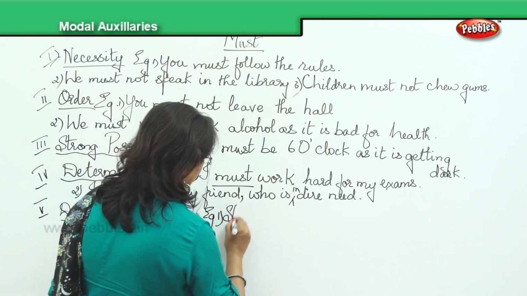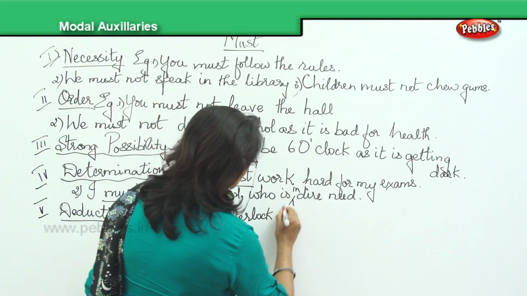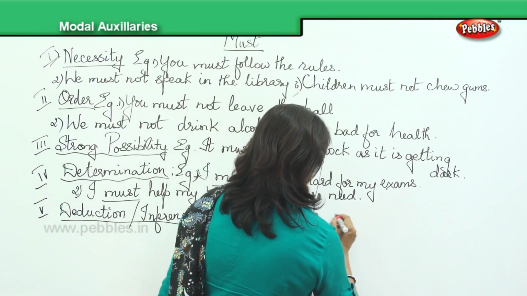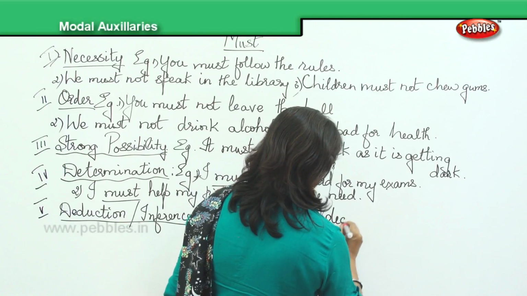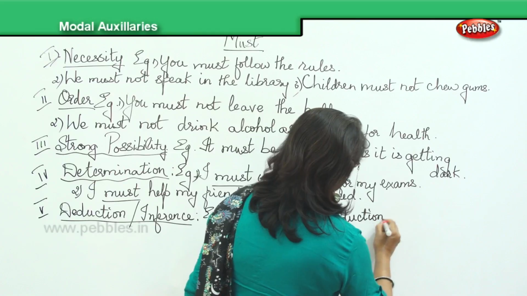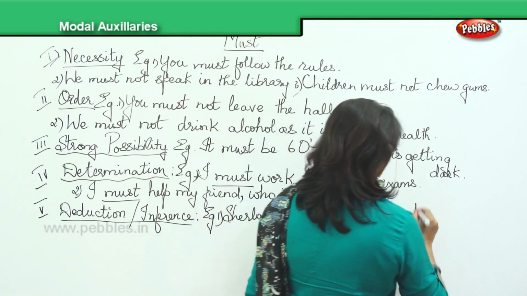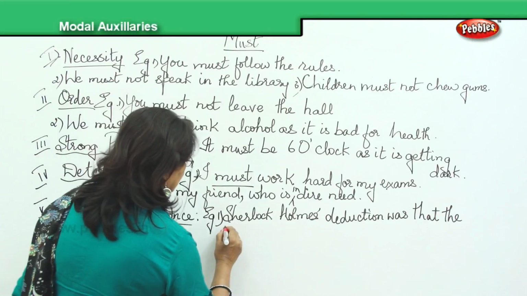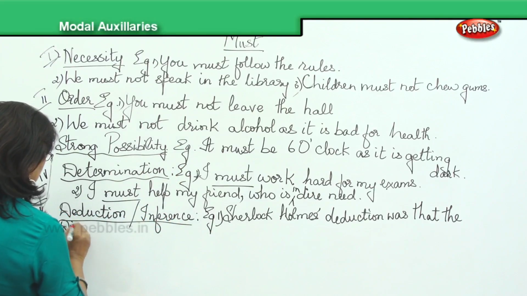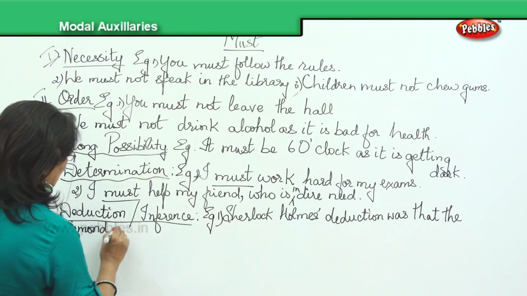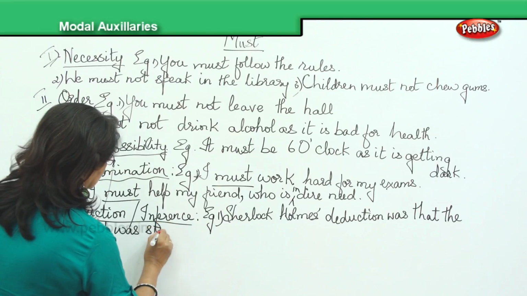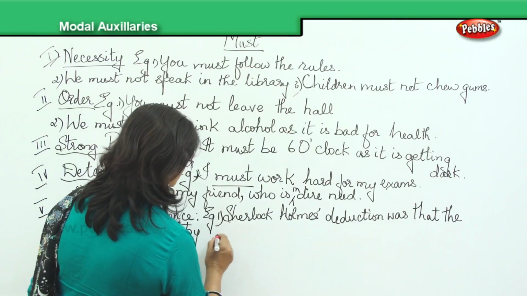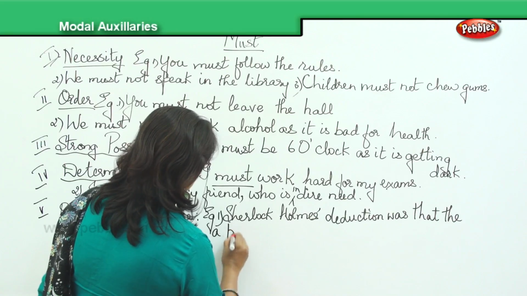Sherlock Holmes' deduction was that the diamond was stolen by a pretty lady.